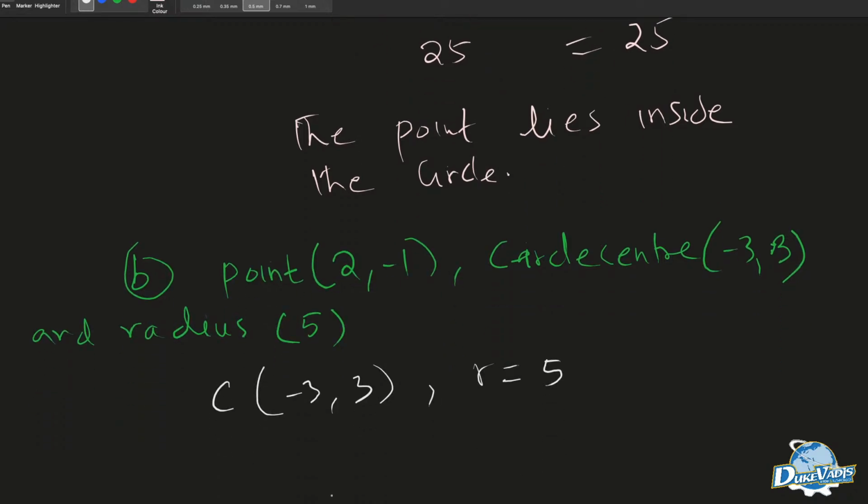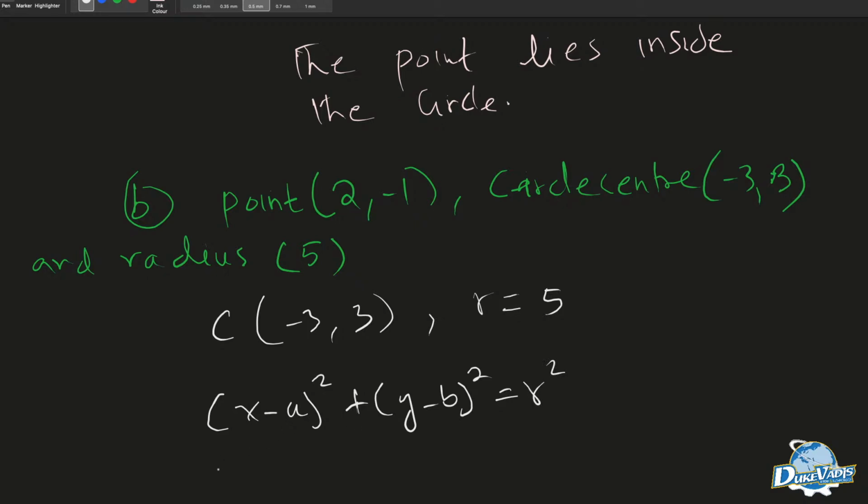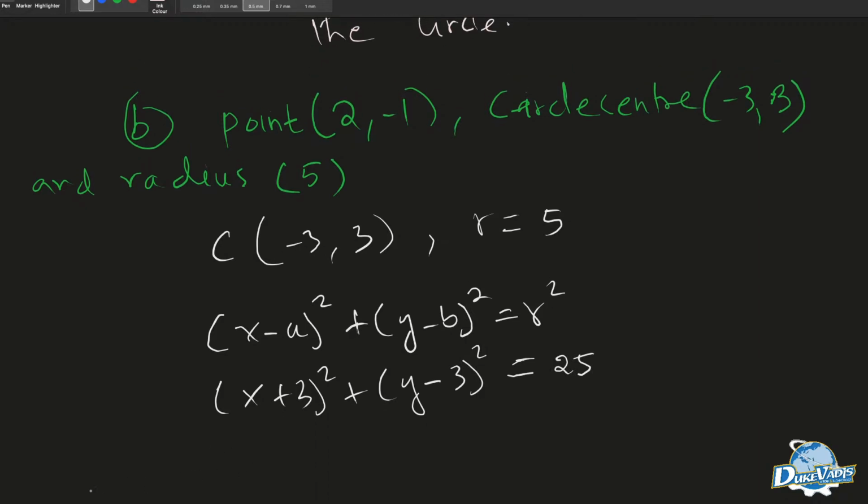First and foremost, we have (x minus a) squared plus (y minus b) squared equals r squared, don't forget. So straight on, our equation will be (x plus 3) squared plus (y minus 3) squared is equal to 5 squared, which is 25. Then let's sub our values in.